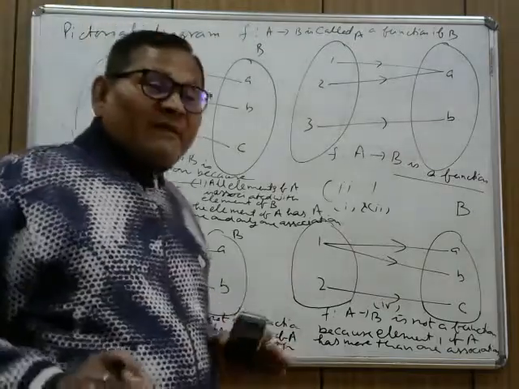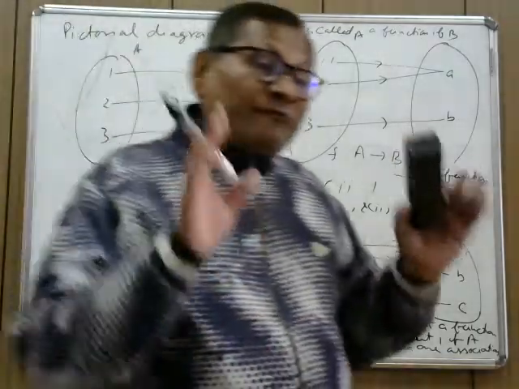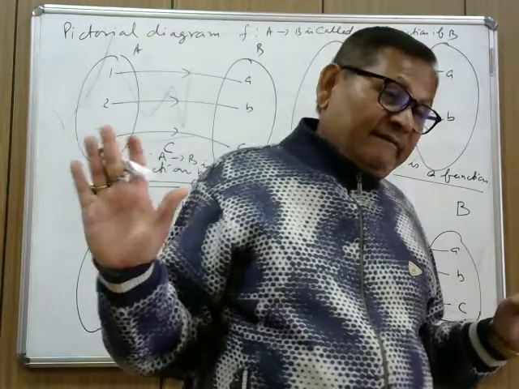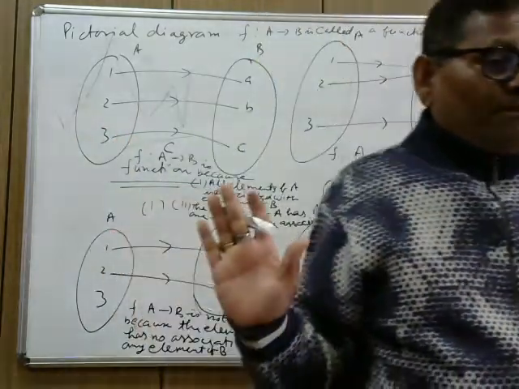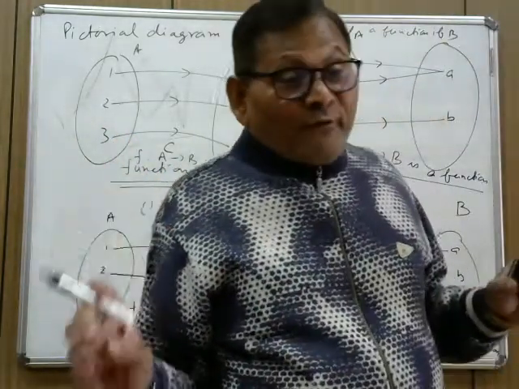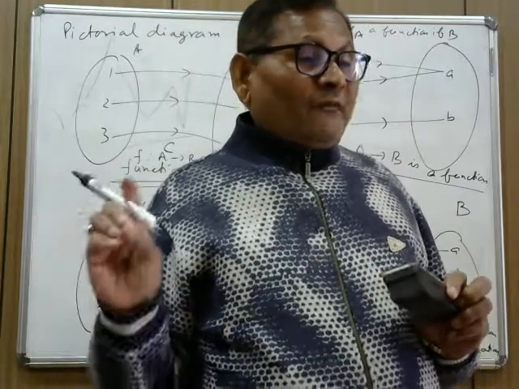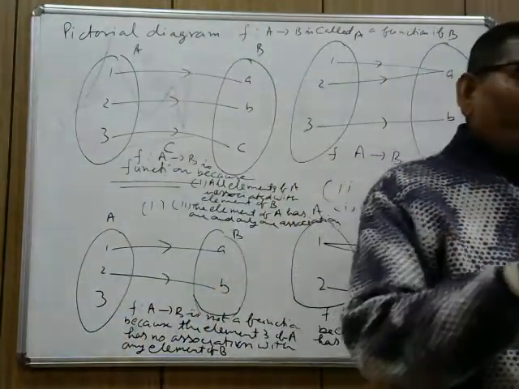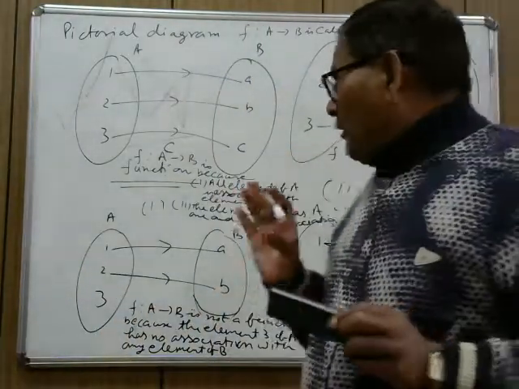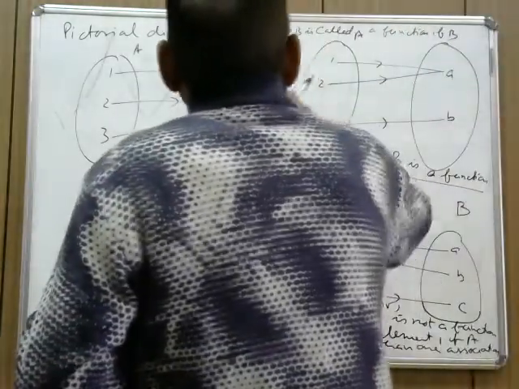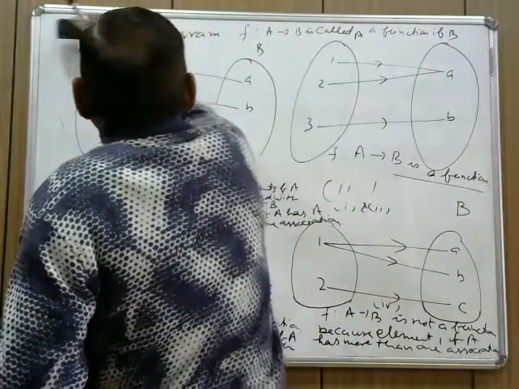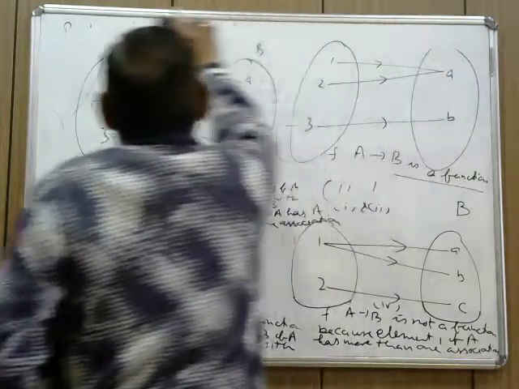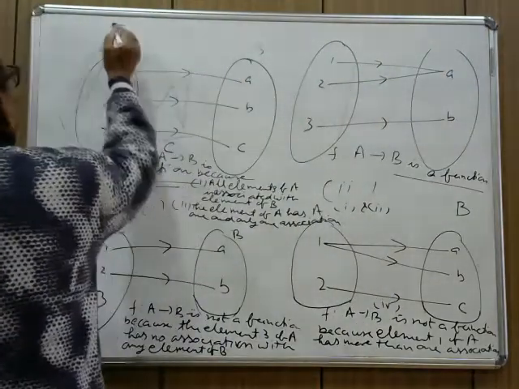And again I am saying that if you have any confusion, I repeat my sentence regarding the function: a driver knows the function of all parts of a vehicle. Now I am writing that a function f such that A to B. How does this happen?